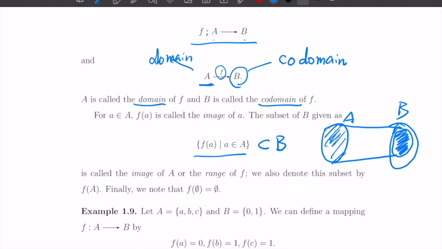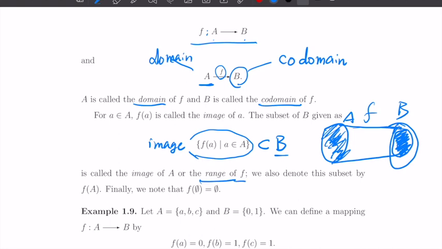It does not necessarily cover entire B, but in general, this is a subset of B. So for each element of A, there is an element in B. So the set of all such elements is a subset of B, and this is called the image of A. So this image of A by F, or we say this is the range of F.